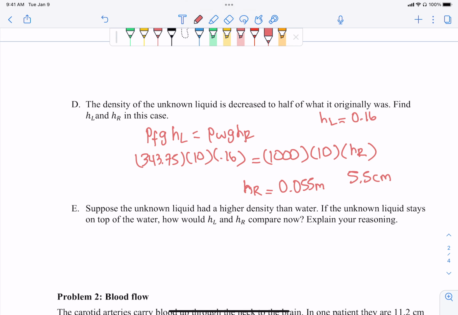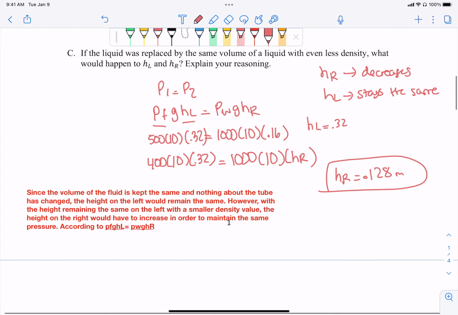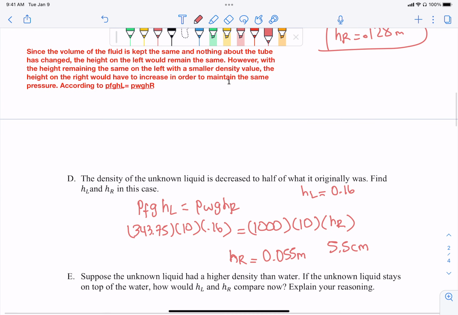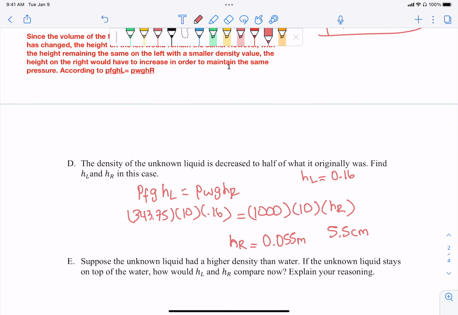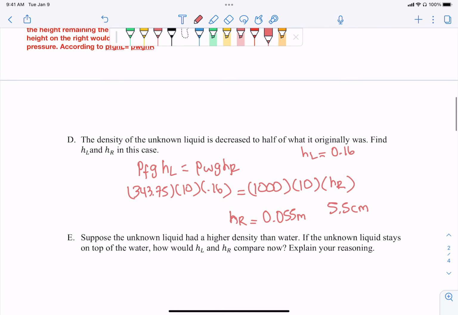Does that make sense for part D? Basically what we did conceptually for part C, but then we actually plugged in numbers this time. No, the height on the left would stay the same.